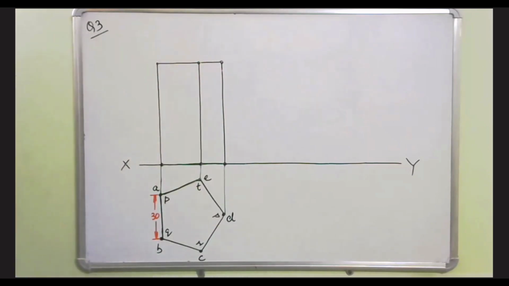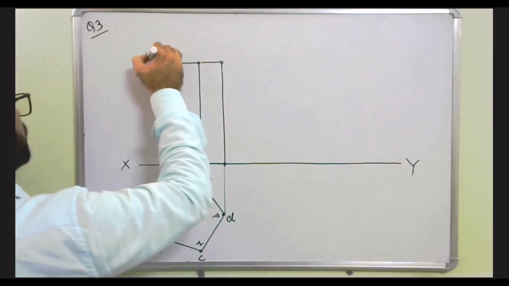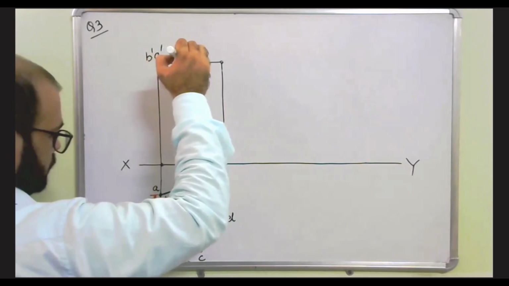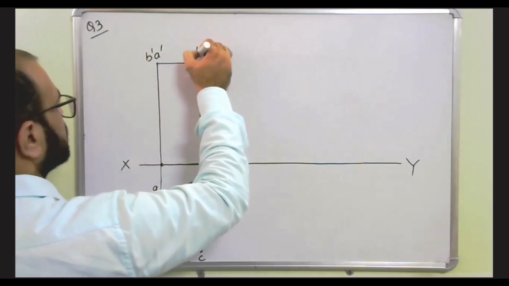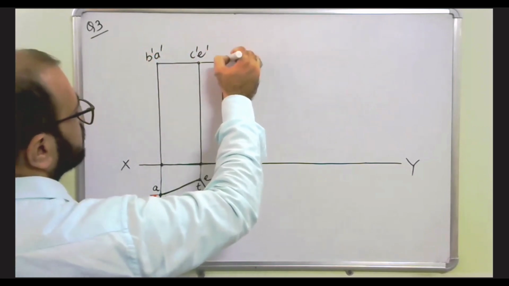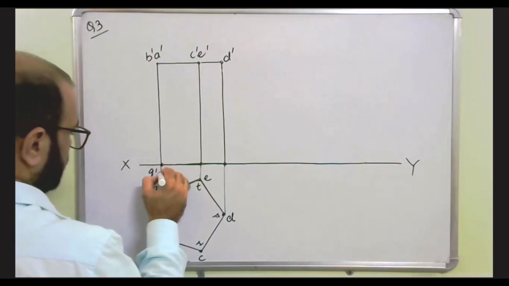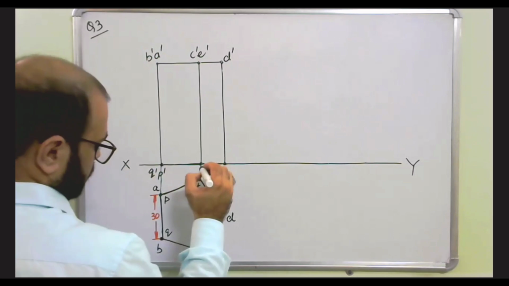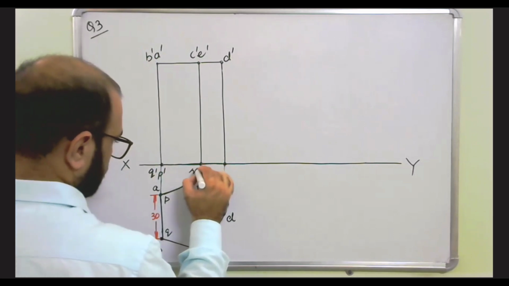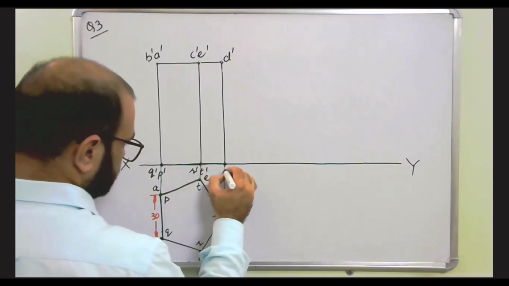Let us first of all name it. This is B dash A dash, this is C dash E dash, this is D dash, this is Q dash P dash, this is R dash T dash, and this is S dash.